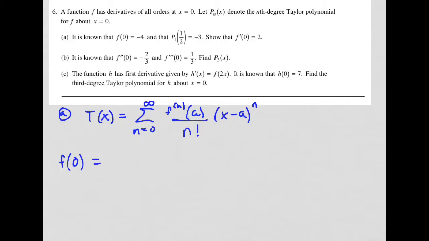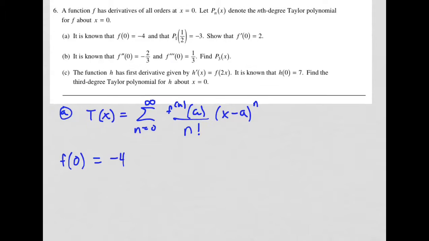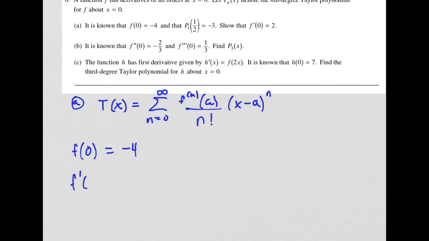So then we have -4, because it tells us that. And then f prime of 0, that's the next part in this expansion. That's what I'm trying to find. So when n equals 1, that also gives me an x value, which means I will have the first degree Taylor polynomial.